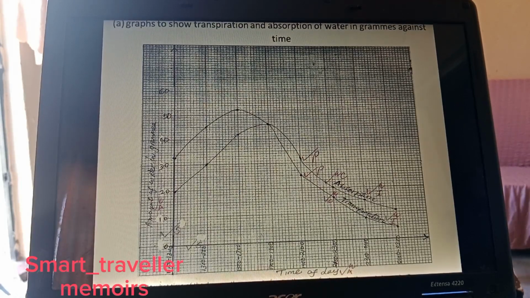Marking of the graph. You can see plotting will give you 2 marks. Curve will give you 1 mark. Identity will give you 1 mark.